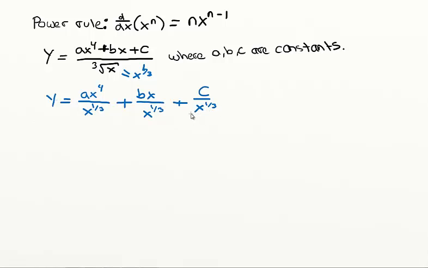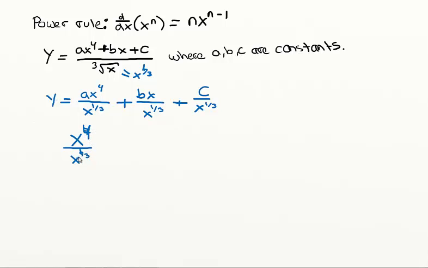Alright, so now we've got this in a little bit of a better form. Now we want to deal with this a x to the 4th over x to the 1/3, because we have an x in the numerator and the denominator. So really, what we want to do is x to the 4th divided by x to the 1/3.